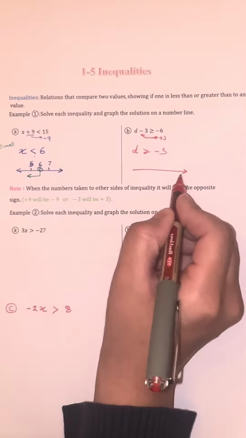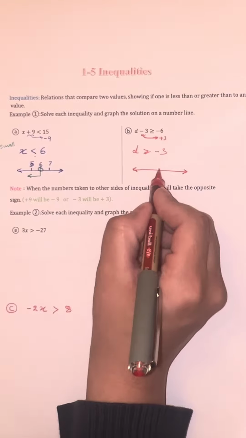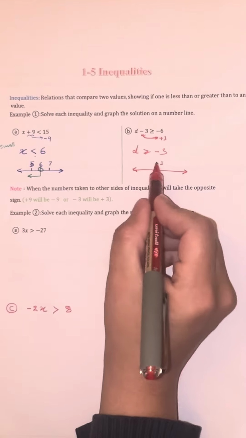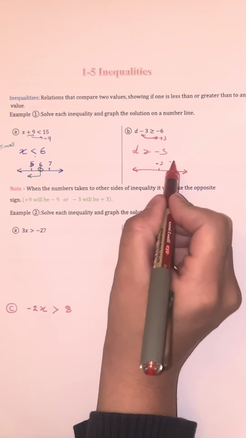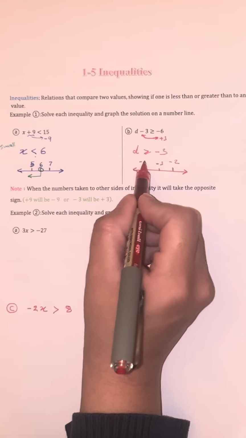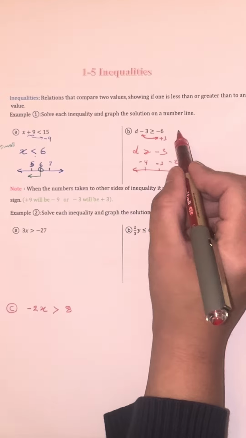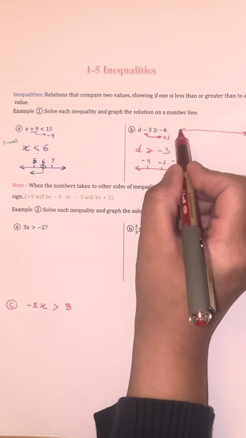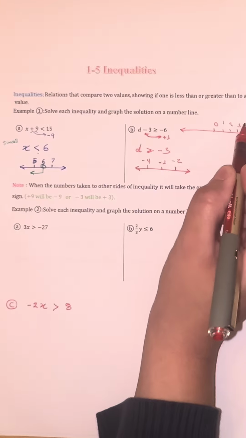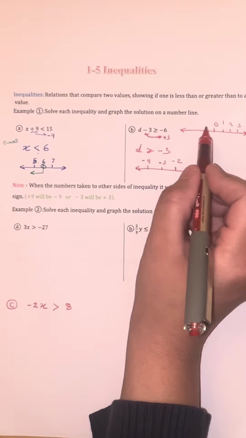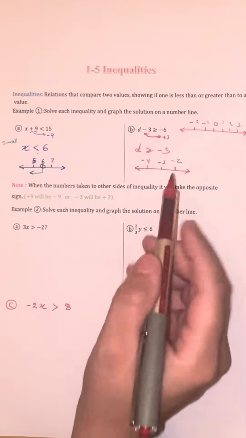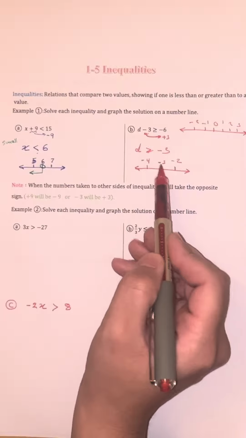So let's draw a number line, and there is a note for negative numbers on the number line. If we have negative 3 here, on the right side we have negative 2, on the left side we have negative 4, because if we draw a number line with 0 in the middle, from the right side we have positive numbers starting from 1, and from the left side we have negative numbers starting from negative 1, negative 2, negative 3, and negative 4.